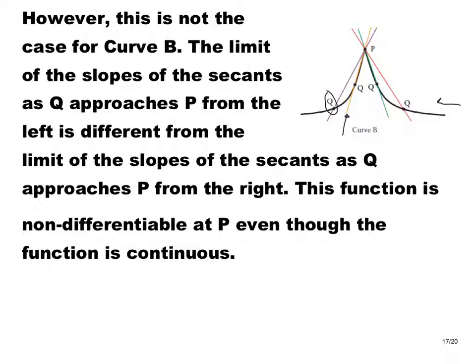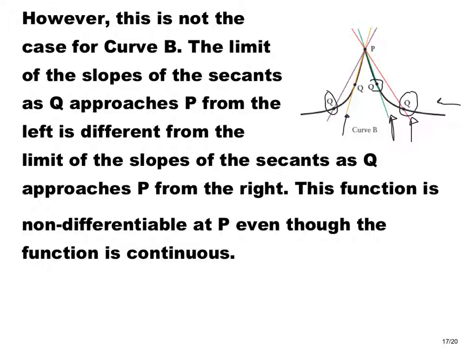Now let's find the limit from the right, going this way. I'm going to start with point Q here, and this red line represents my secant. If I decrement the value of h, I'm going to end up with this point Q and this green line, which is going to be tangent at point P. So this is the right limit of point P. But if you look, the green line is going to have a negative slope.